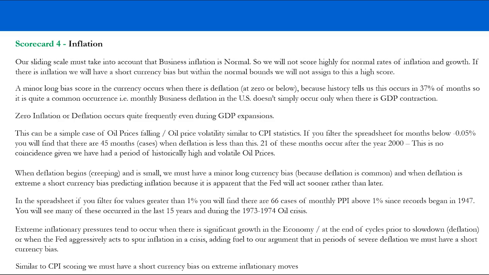And actually almost half, so 21% of these months occur after the year 2000. And this isn't a coincidence, because we've actually had a period over the last 15 years of historically high and volatile oil prices. So these two things are actually going hand in hand. We have a very common occurrence of zeroflation and deflation of 37% of months.